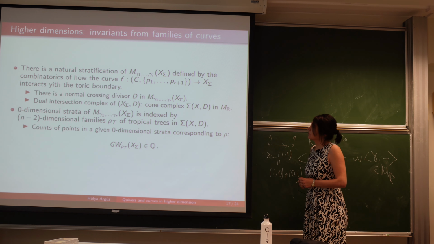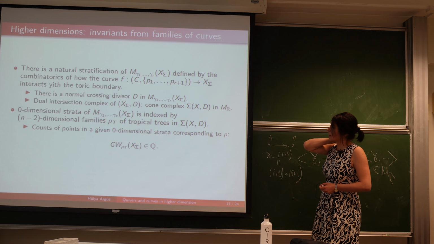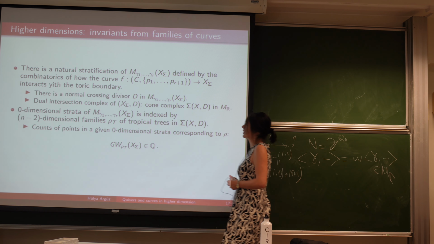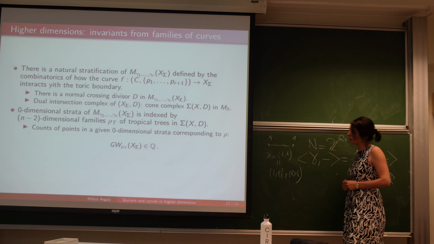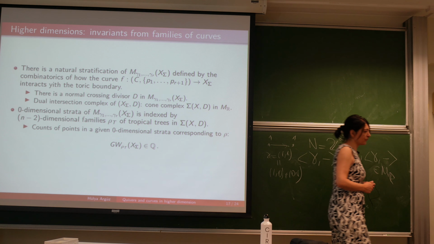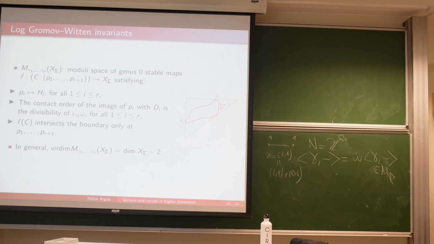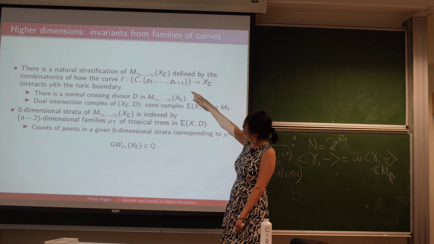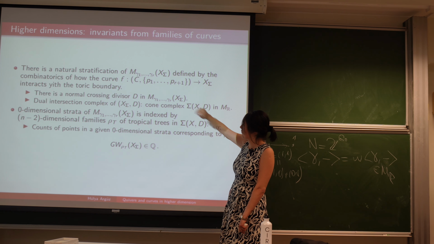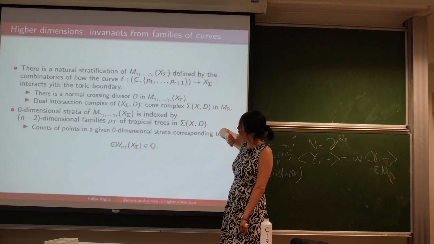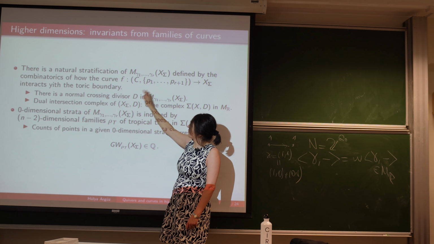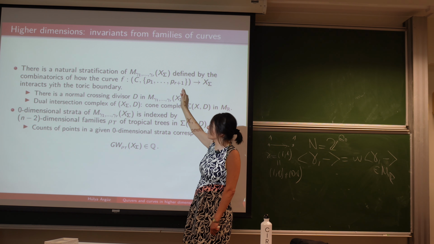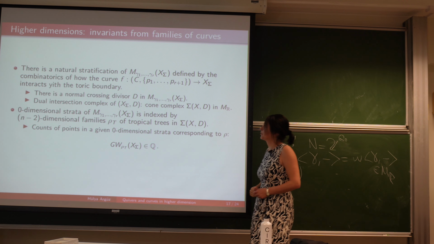Okay, so the first observation is that if you look at this moduli space, I will not concretely describe what the stratification is, but I claim that there is a natural stratification on this moduli space of maps that we defined this way, and the existence of such a stratification is due to the fact that on your curves, you can keep track of different combinatorics of your curves, the contact orders of your curves, how they interact with the toric boundary.